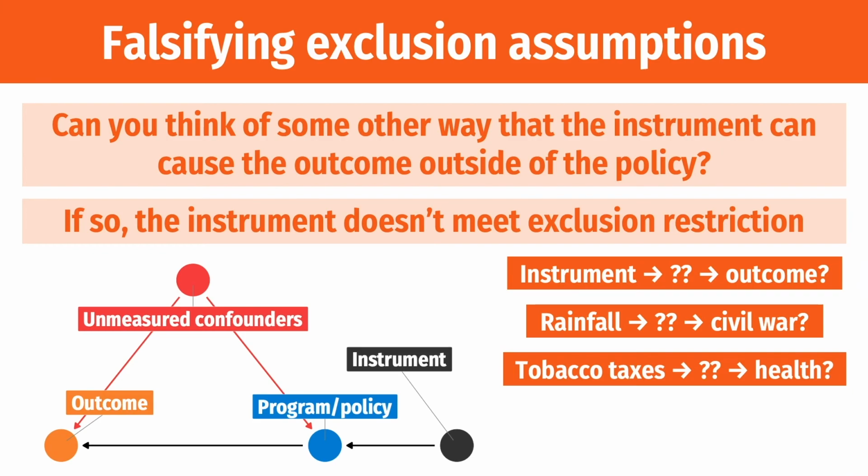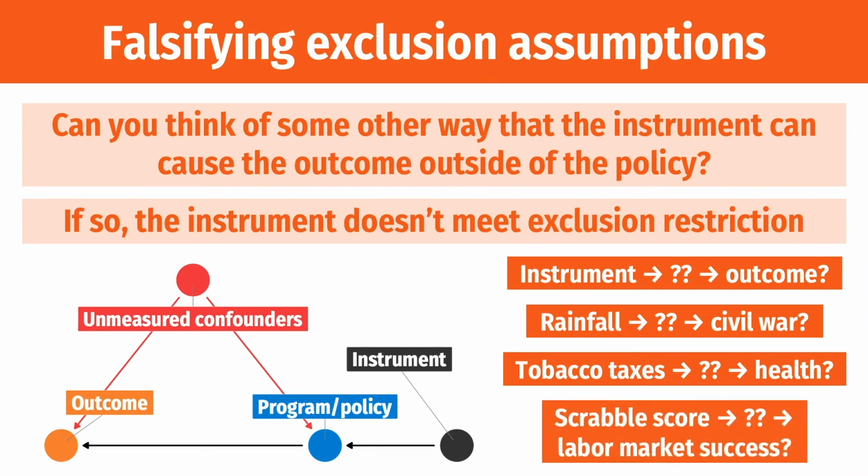And what economists have found is that for most people, even if you double the tobacco tax, the actual consumption of cigarettes stays about the same. It's a highly inelastic good, and people will continue to smoke. And so people are not responsive to that, which means it doesn't really work as an instrument, because there's no link between tobacco taxes and health through smoking. And so it can fall apart as an instrument.